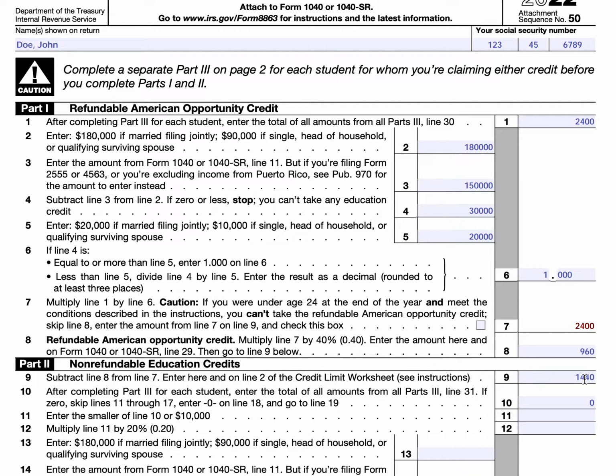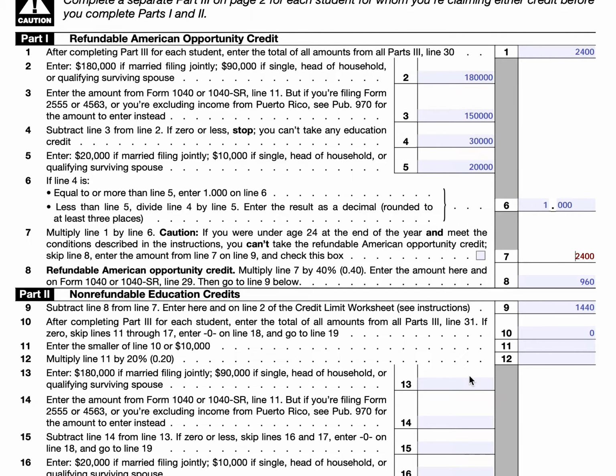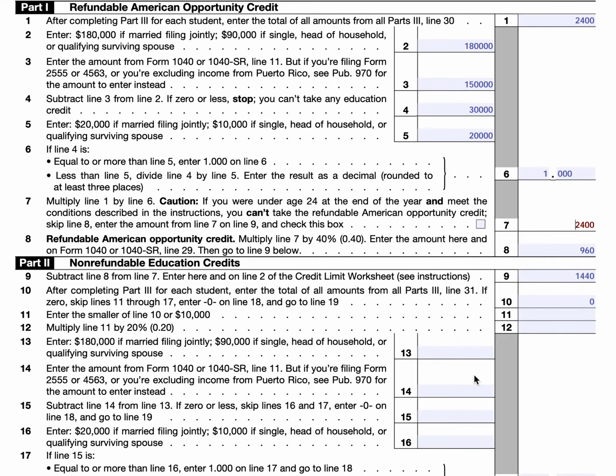Unfortunately, I can't show you the credit limit worksheet. It's in the IRS Form instructions, and this allows you to go through the income limitations on the non-refundable side. We did that, and basically we came through the same analysis.